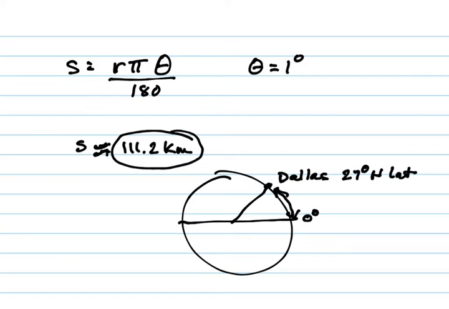So to find the distance from the equator to Dallas, all I need to do is take 111.2 times 27 degrees. Anybody got a calculator? So 111 times 27 is going to give me 3,000 what?